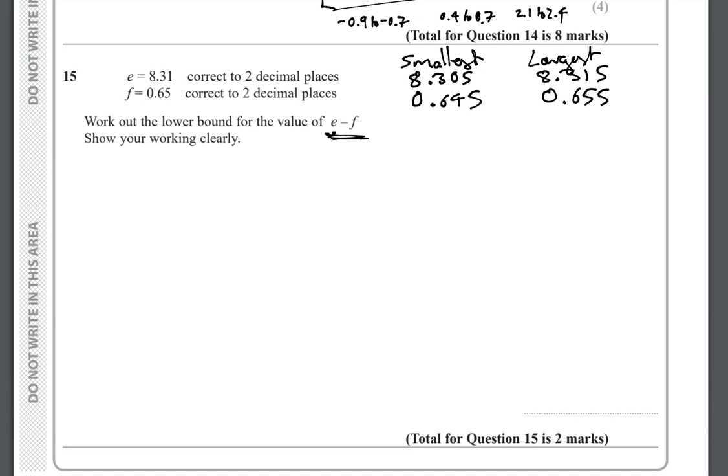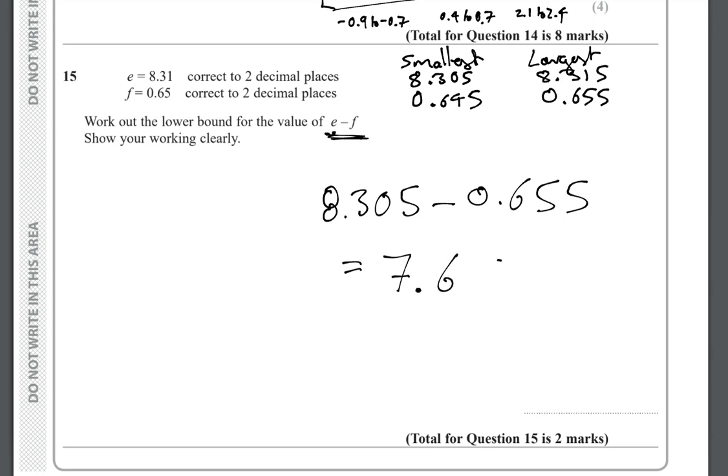So the lowest we can get is a low E, 8.305, and a big F, 0.655. These are the numbers you need to show when it says show your working clearly: 8.305 minus 0.655 is 7.65. That's the lower bound.